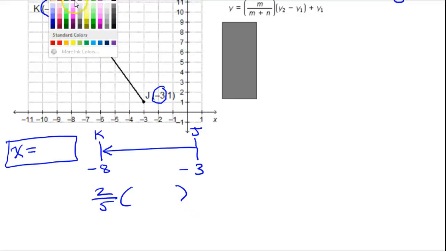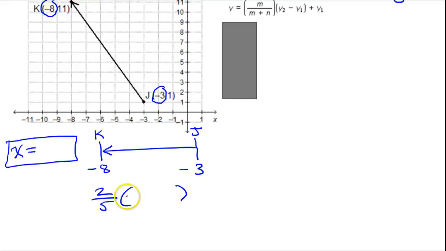Now off to the side somewhere I'm going to do this calculation. For the distance, I'm always going to do the second number minus the first number. I'm paying attention to the direction here. Because I'm going towards K, I'm going to do negative 8 minus negative 3 in that order.